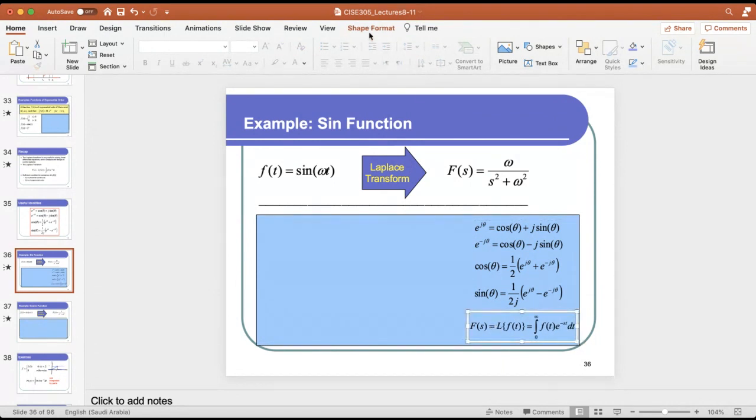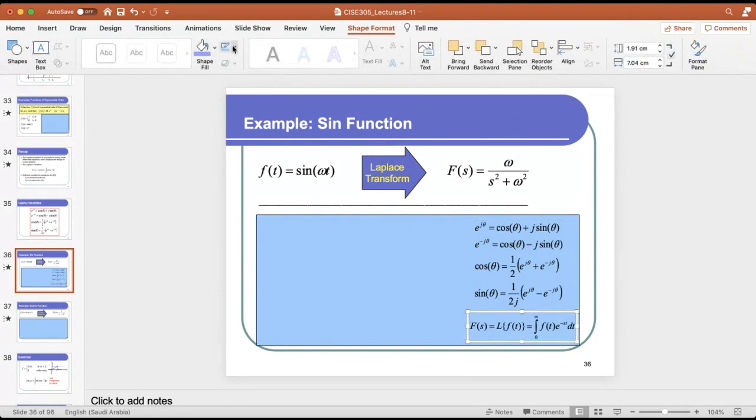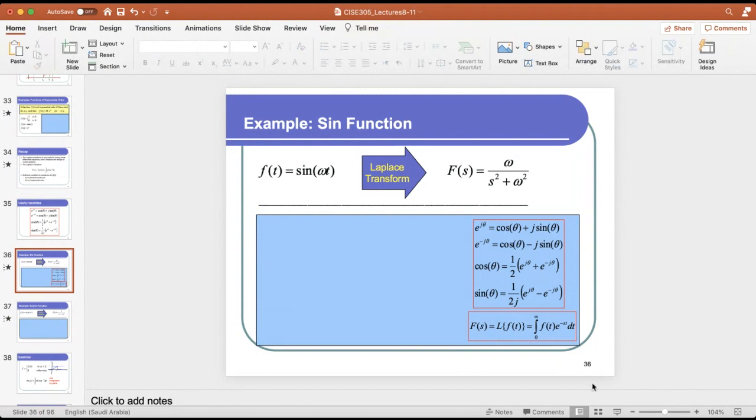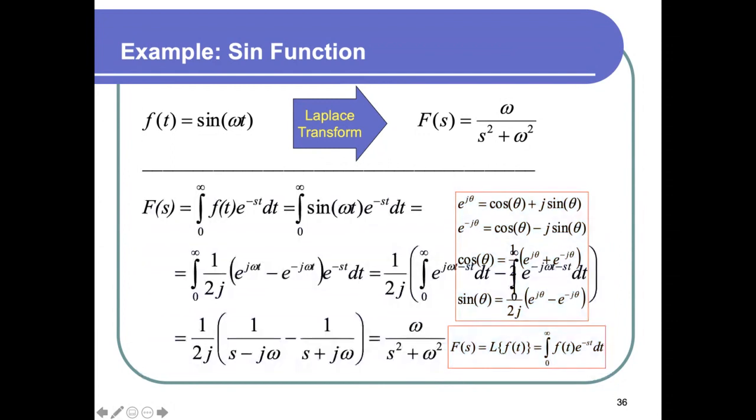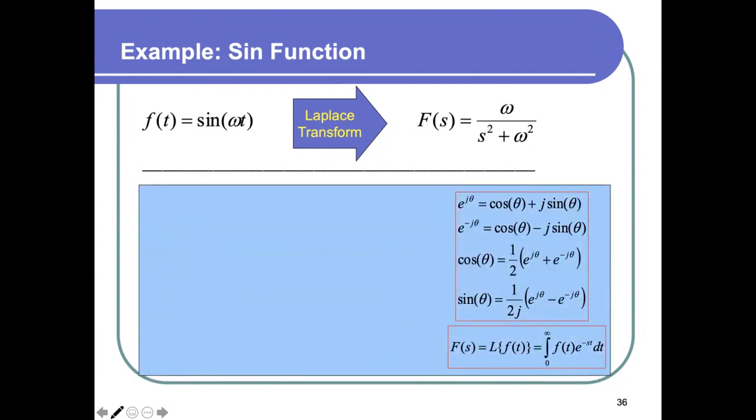Okay, so this is the Laplace transform definition, and we have these identities. Use them to find the Laplace transform of sine omega t. Notice that this is the final answer for sine omega t, so it's given to you, so you can verify your answer. Take 5 minutes, let's say, and find the answer to that question.